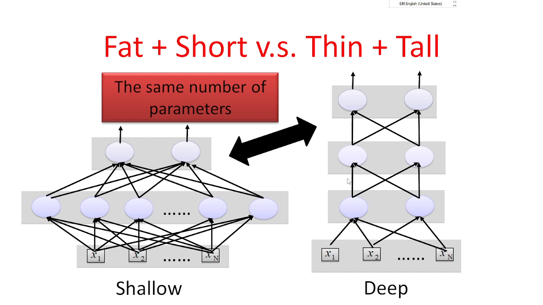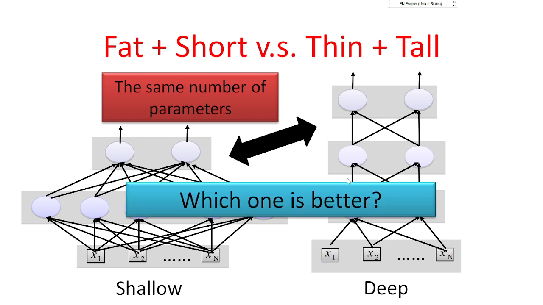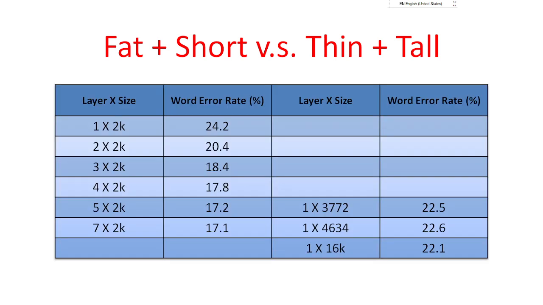With the same number of parameters, the higher the number of layers, the lower the word error rate.